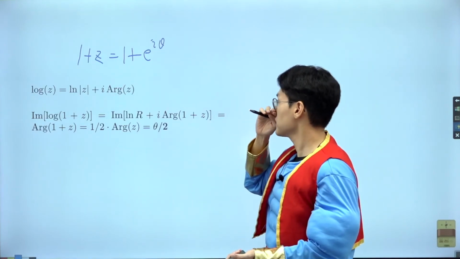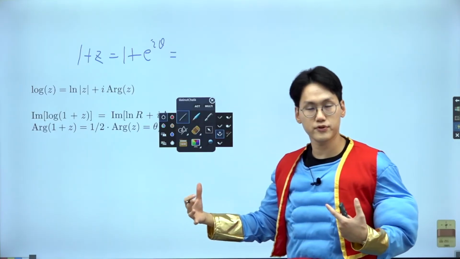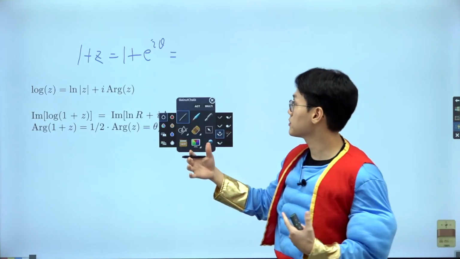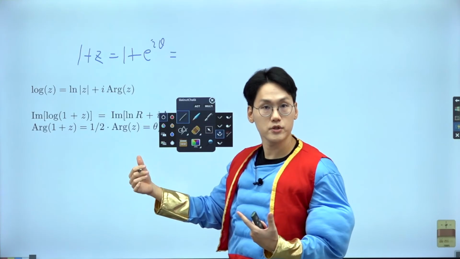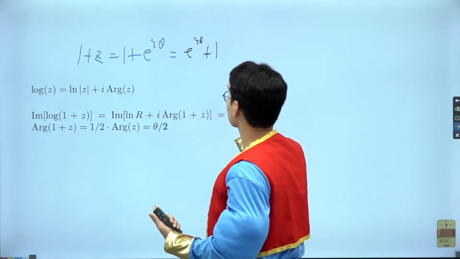Okay, that's great. In order to find the modulus and argument, it's probably better for me to see the real and imaginary parts, or use the identity that we mentioned before. This is e to the power i theta plus 1, because addition is commutative.